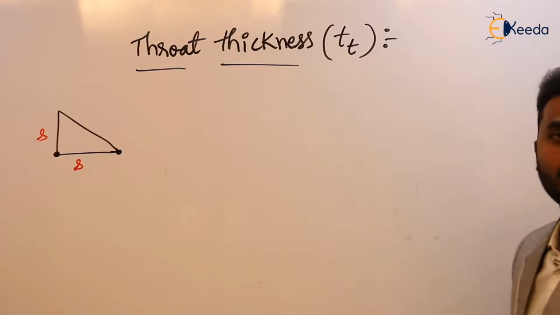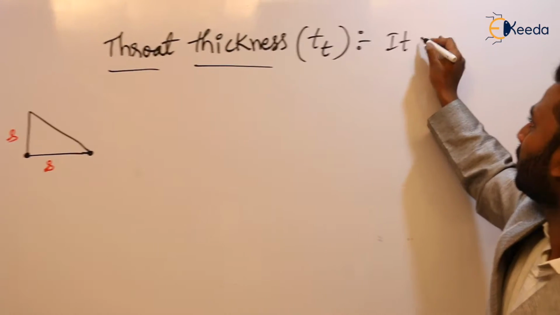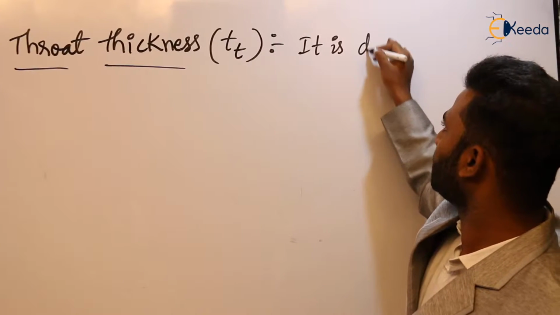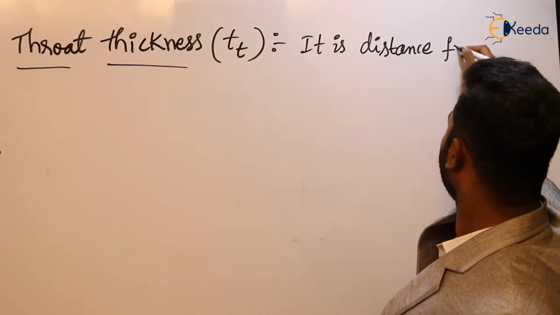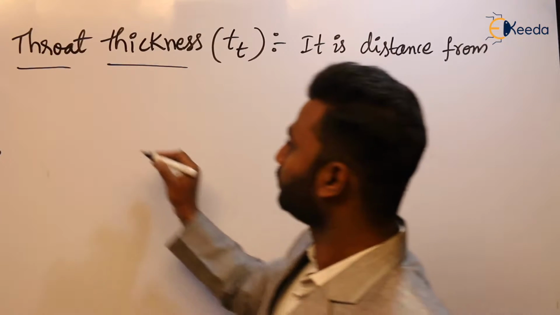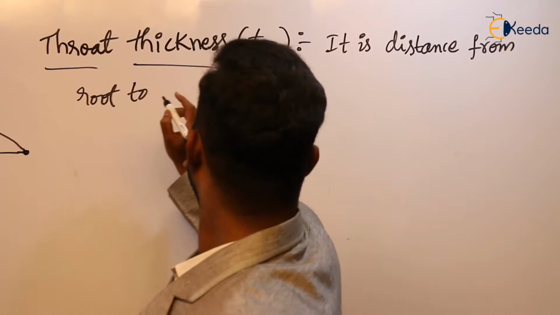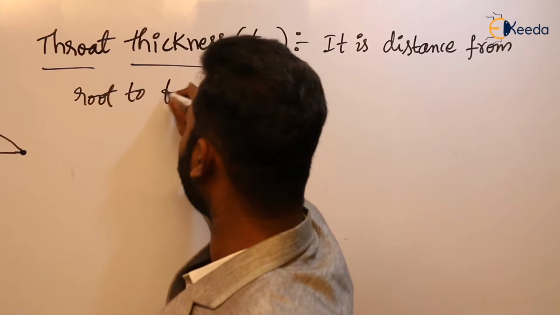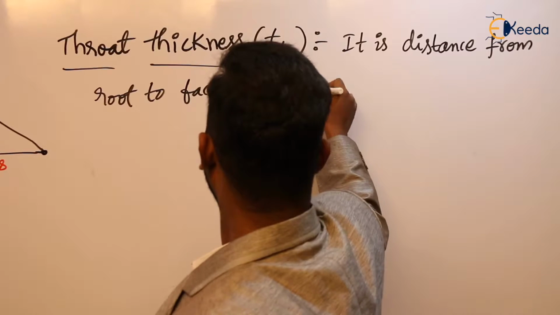Okay, throat thickness, TT. If we see the definition of this, it is the distance from the root to the face of the fillet weld cross section.